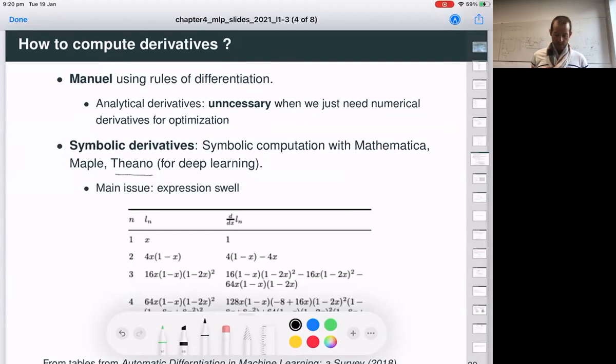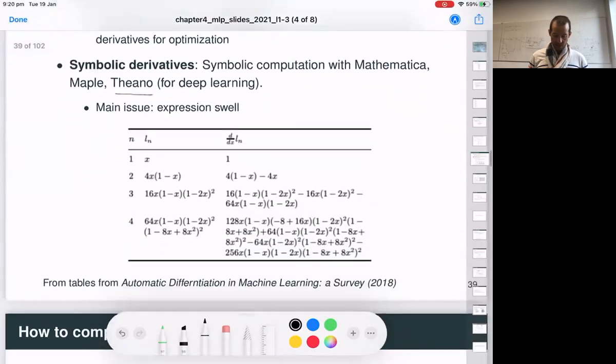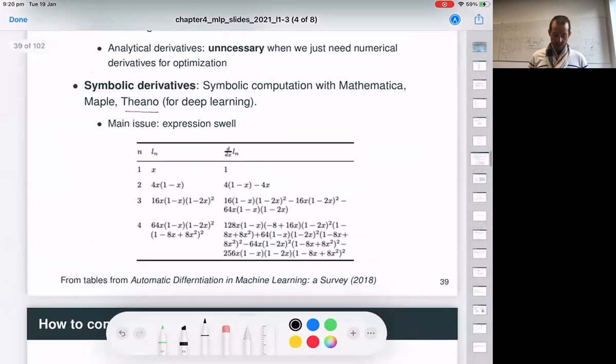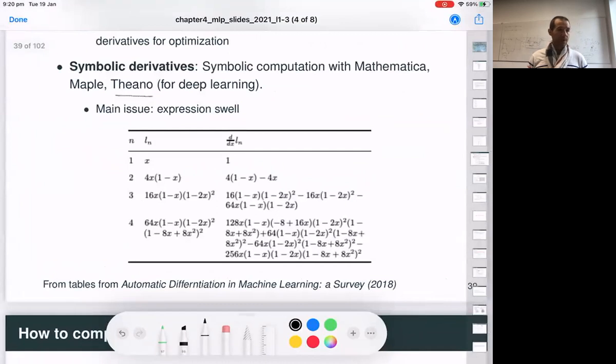And I put just an example from this paper.